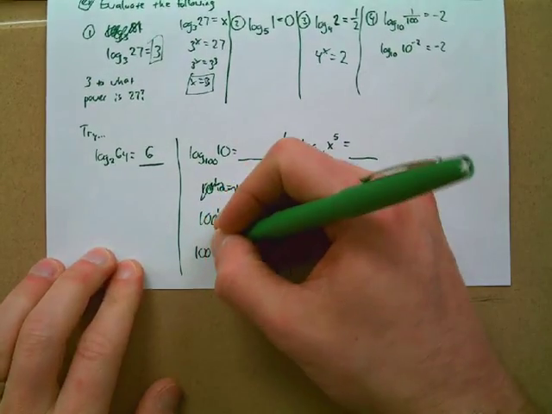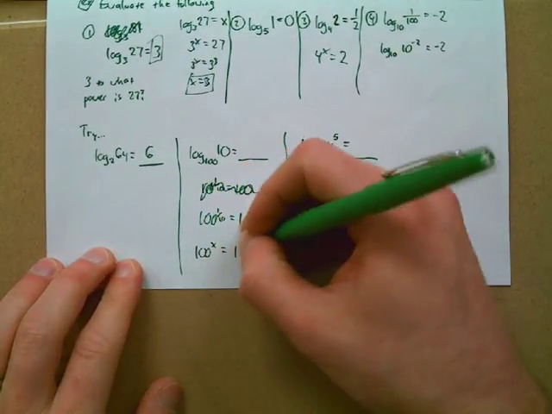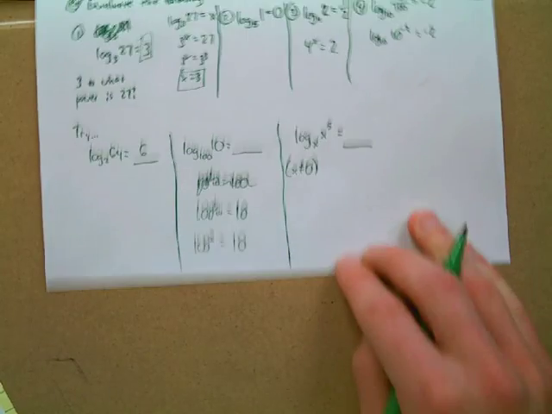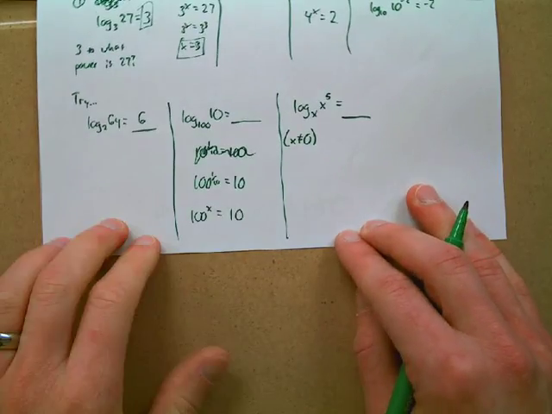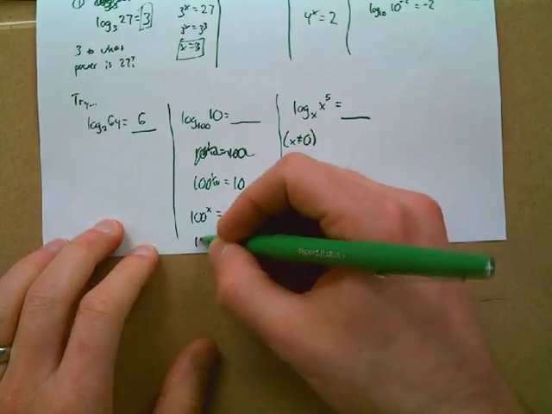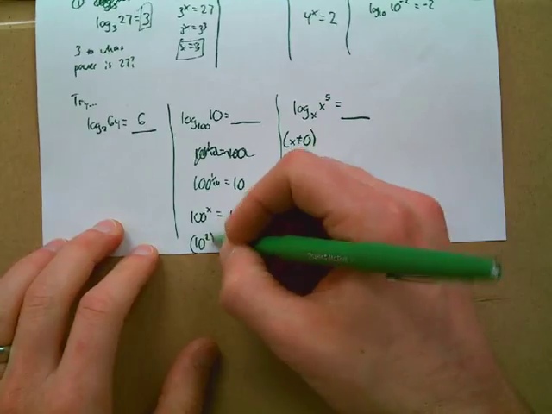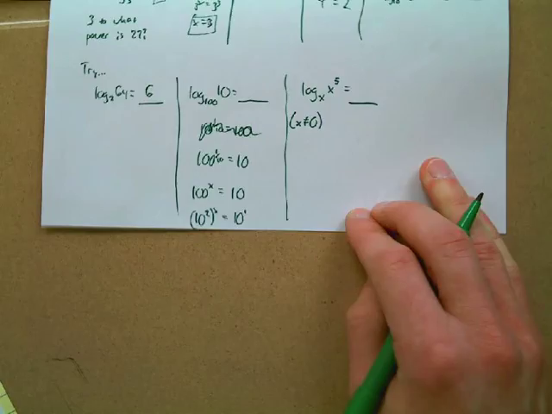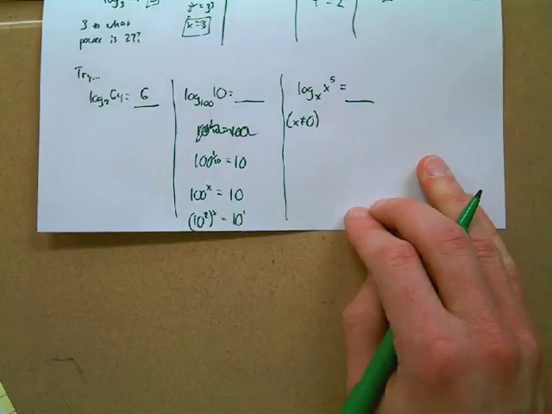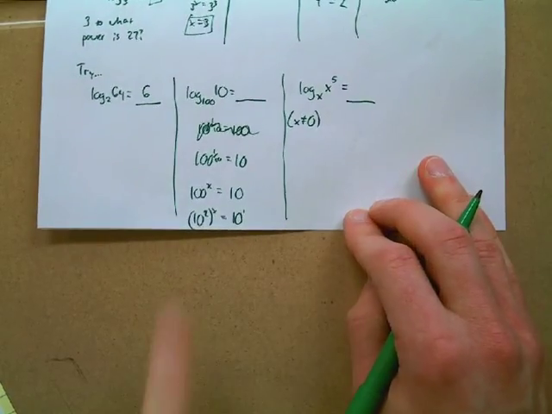Right, 100 to the x equals 10. What goes there to make that true? Well, something we could do here: 100 is the same thing as 10 to the second, and 10 is 10 to the 1. When you have a power raised to another power, 10 to the 2, all to the x, it's the same thing as 10 to the 2x equals 10 to the 1.